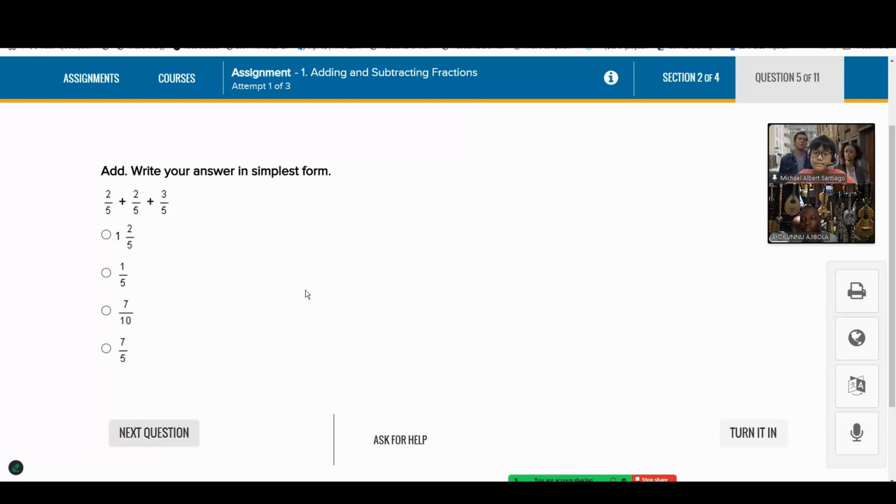So can you change 7 over 5 to a mixed number? That is 1 whole number 2 over 5, because when you remove 5 from 7, you have 2 left. So 1 whole number 2 over 5, okay?